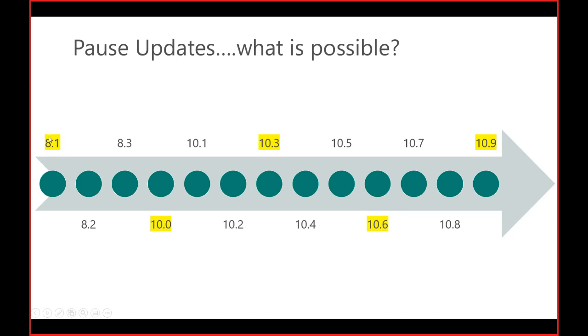If a customer is on 8.1.1, essentially they have paused 8.1.2 and paused 8.1.3. This customer that is on 8.1.1 is going to be forced to update to version 10.